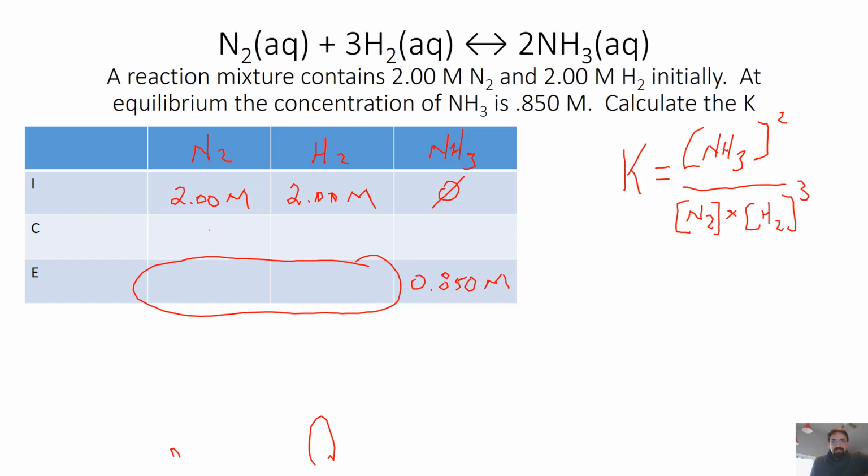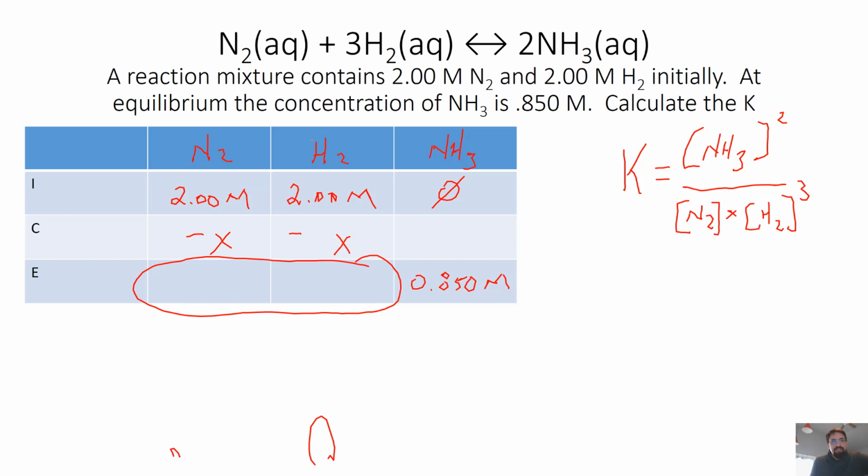This reaction starts out with all reactants. It's going to start making products, which means I'm going to lose reactants. I'm going to lose a certain amount of reactant on this side; I'm going to call it X. I'm also going to lose a certain amount of the hydrogen.